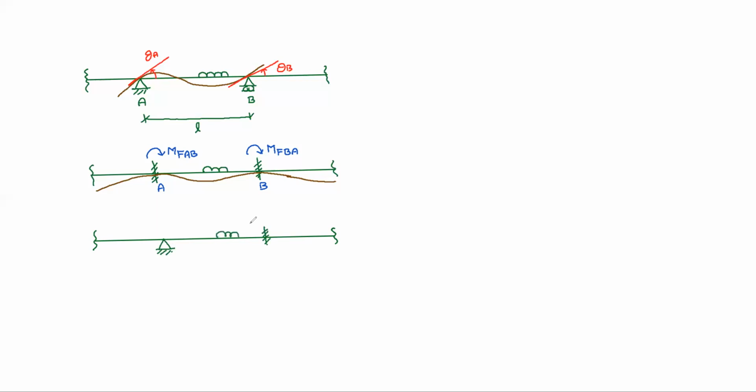Releasing means we are rotating this beam by theta A. We are rotating this beam by theta A amount. Okay. Theta A amount. Here also, let us assume that theta in clockwise direction. Just I am modifying this one. Just to have a look here. Everything I am taking clockwise.